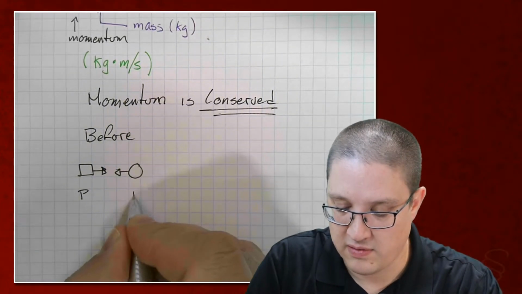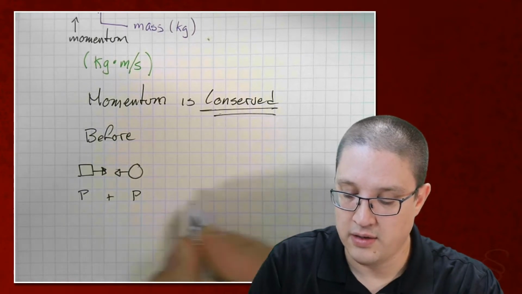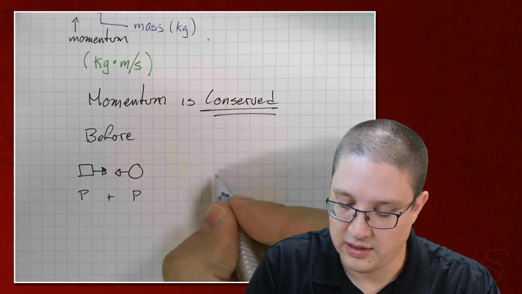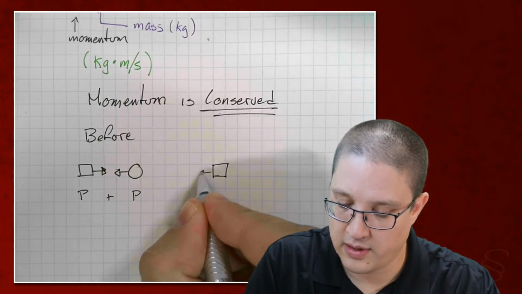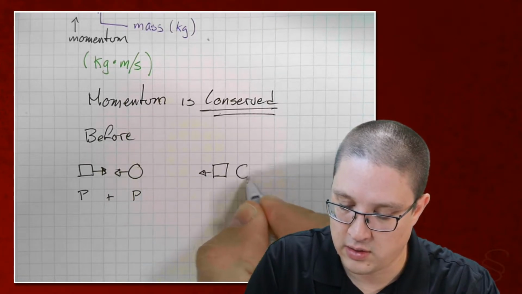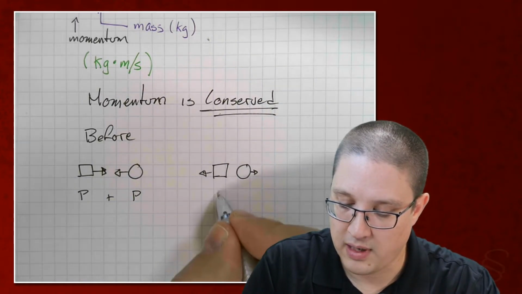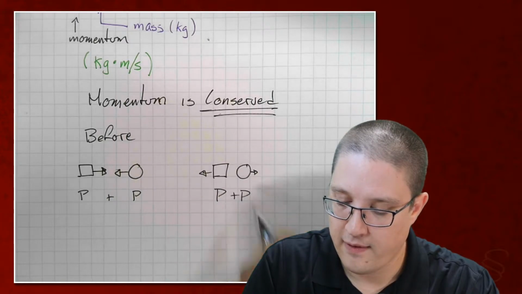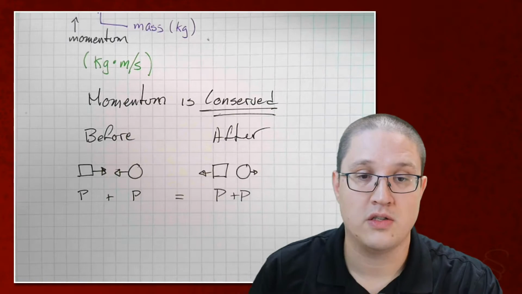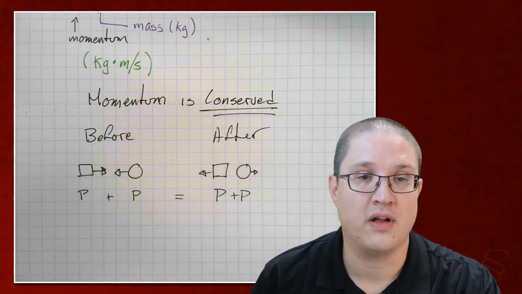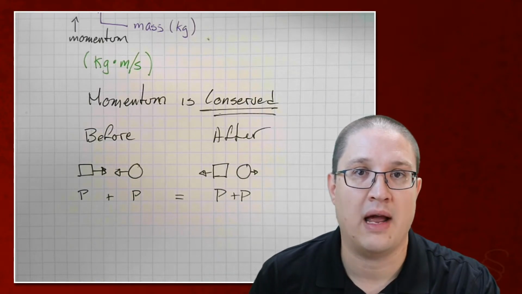So the momentum of that and the momentum of that, if I add those together, after the collision, let's say that the square ends up going that way and then the circle ends up going that way slowly, the total momentum here needs to equal that. So whatever happens before and after the collision, my total momentum before must equal my total momentum after.